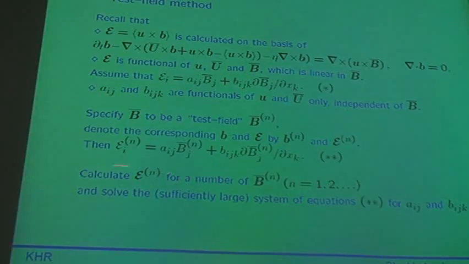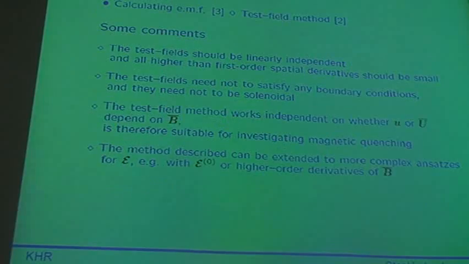If you have a sufficiently large system of equations, n equal 1, 2, and so on, you can solve it for the Aij and Bijk. And this way you can calculate these quantities. Schiller did it in spherical coordinates, so it doesn't matter. This is the main idea of the test field method.